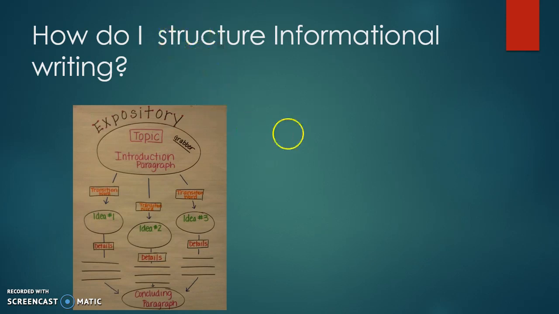That's the introduction paragraph that lets the reader know what your essay will be about. And then these are additional paragraphs. For each idea you have, that will be a paragraph. So you have idea 1 with details, idea 2 with details, idea 3 with details. So you have 1 paragraph, 3 more is 4 total, and then your concluding paragraph, where you sum it all up.